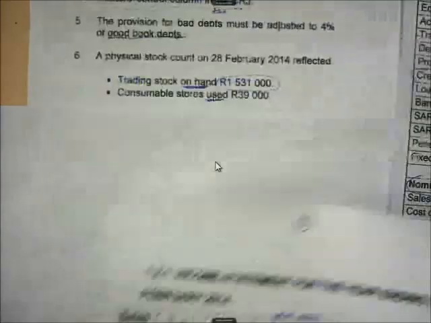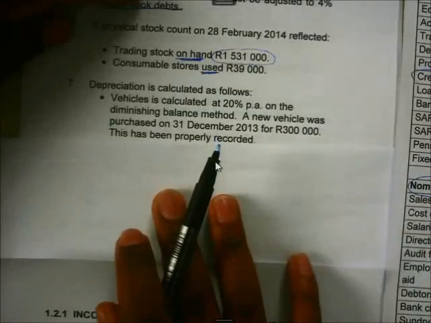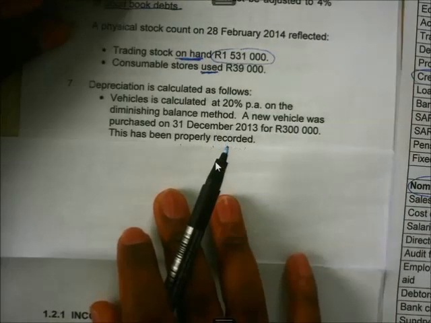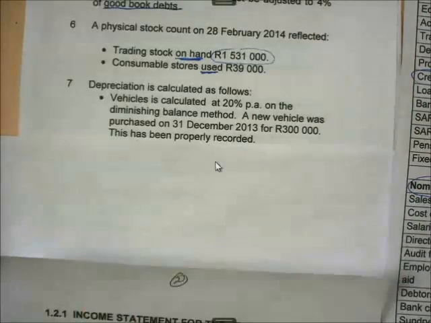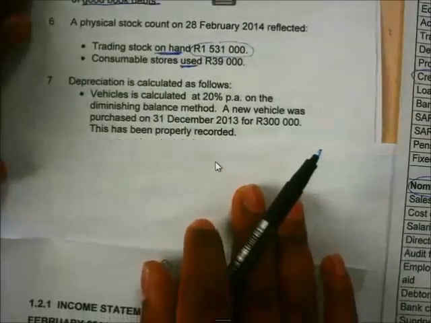Next adjustment, which will be our adjustment number 6, deals with depreciation. Remember, yesterday we dealt with note number 3. I'm sure you will find this very simple after yesterday's lesson.